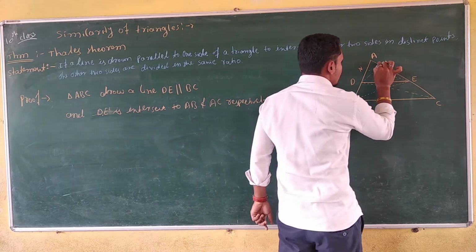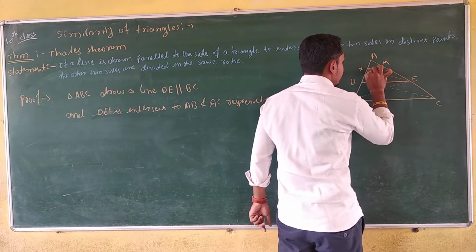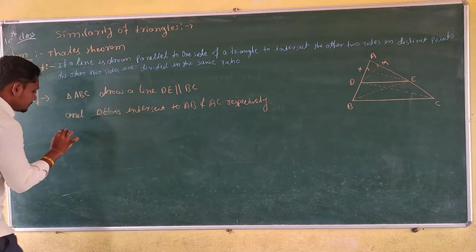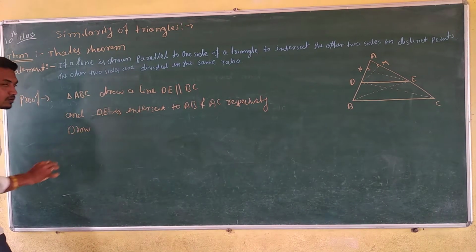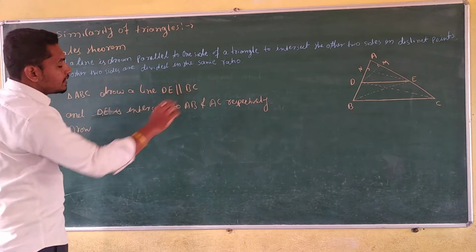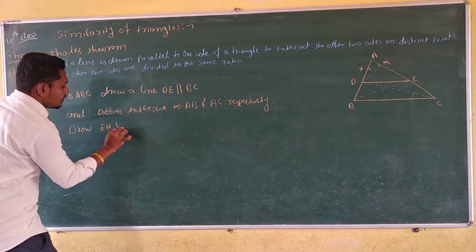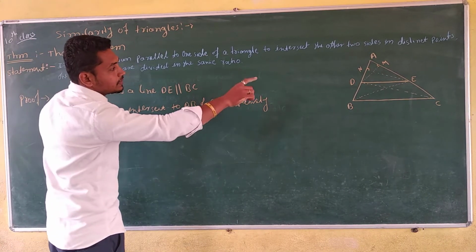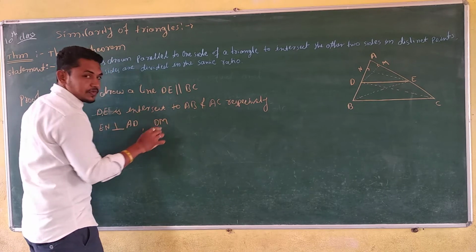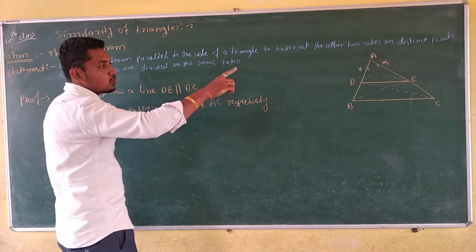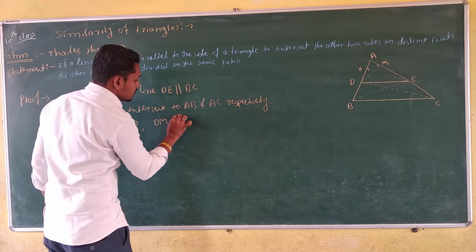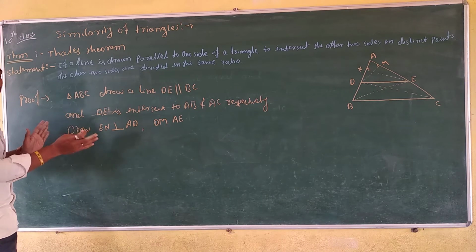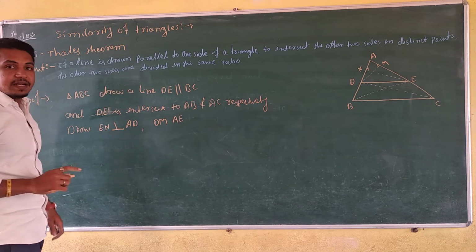Which means here it becomes 90 degrees. Is it right? So draw EN perpendicular to AD and DM perpendicular to AE. First we should write that much, according to that diagram.